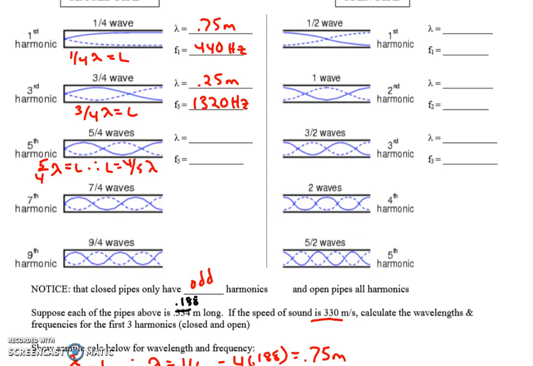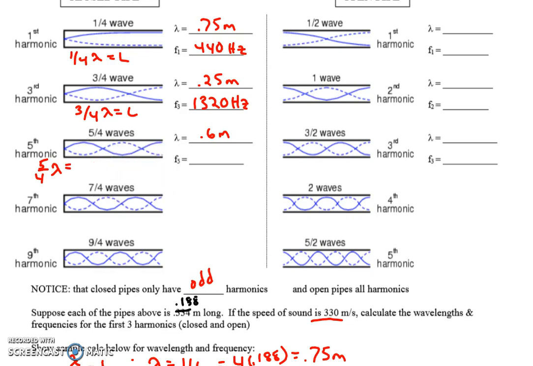Make sure I'm doing that right. I think I might have done the lambda wrong there. Okay, so 0.8 times 0.75 is 0.6 meters. All right, so yeah, that was a mistake. I just, once again, made the goofy mistake.